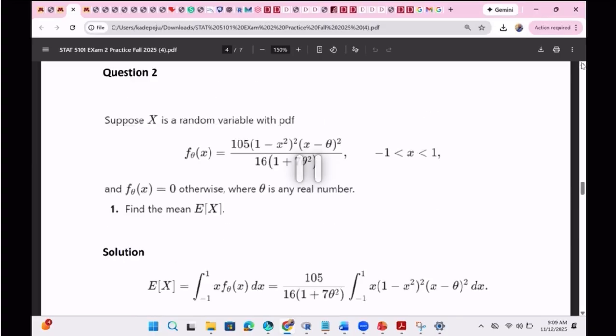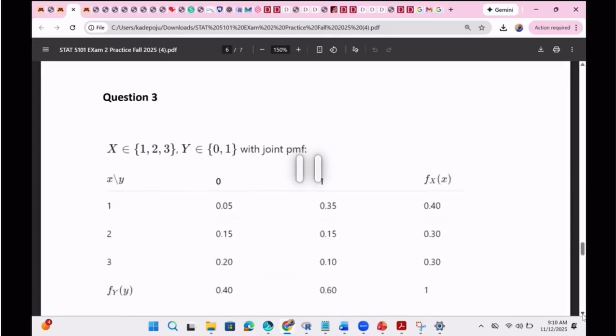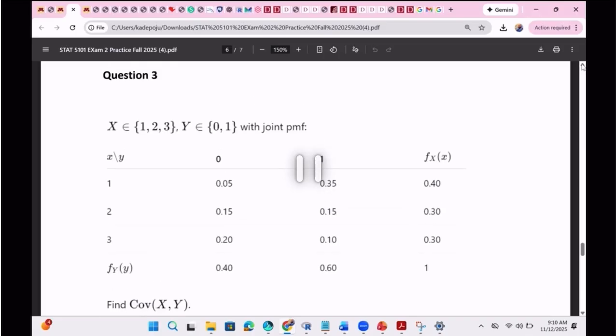Then I'm going to go to number 3 now. In number three, I assure you there's going to be a joint probability table, where we're going to ask several questions. I can ask you covariance, I can ask you correlation.